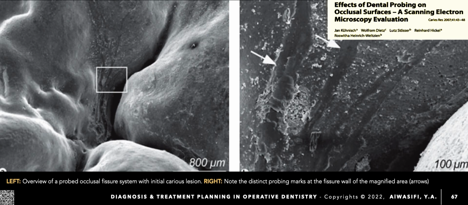You could note how the walls of the fissure are parallel to each other in the photo on the left side, and inside this square, these are the scratches created by forcing the explorer, which is diagnosed as catching or tug-back action, which is diagnosed as a caries lesion, while it is absolutely sound, but you felt tug-back due to friction between the side walls of your explorer and the side walls of this deep fissure.